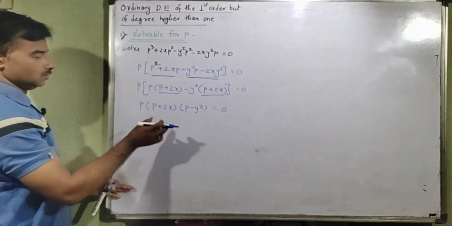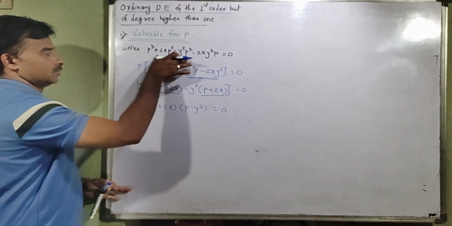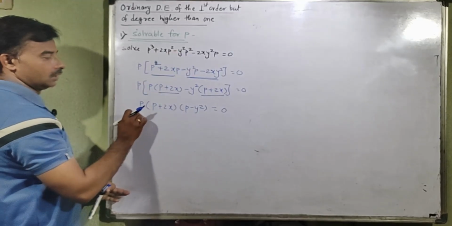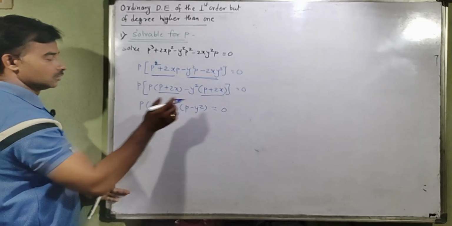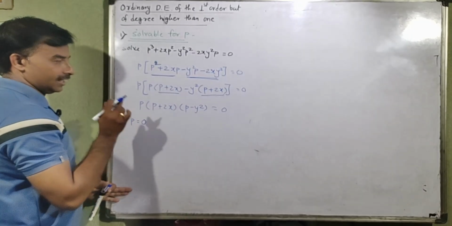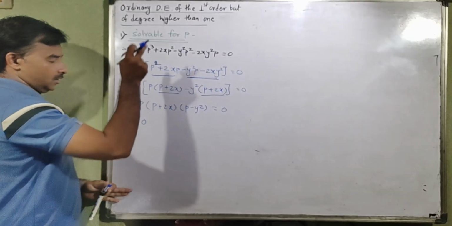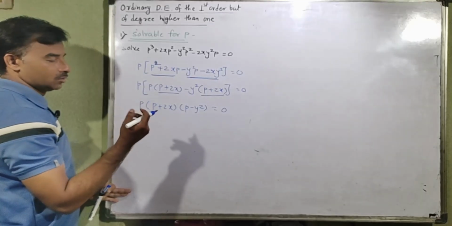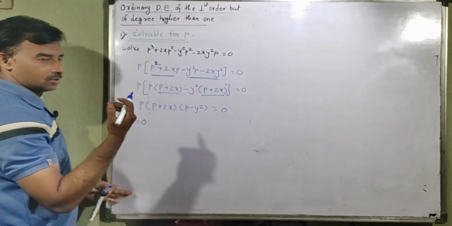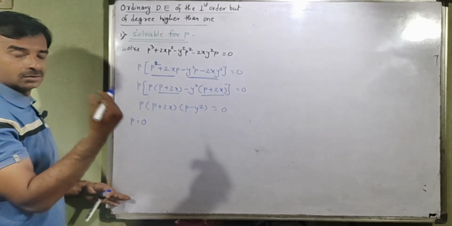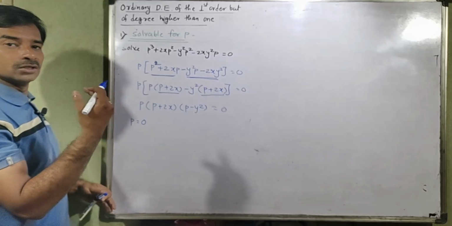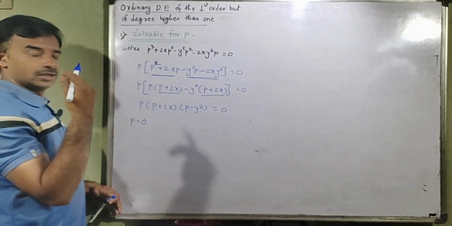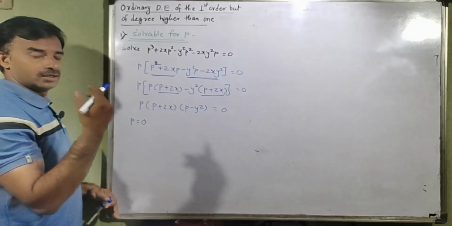Then according to the rule, these are the linear factors of that first order higher degree differential equation. Then equate each linear factor to 0. You will get a first order first degree differential equation, which is solvable by using variable separable, homogeneous differential equation, non-homogeneous differential equation, linear differential equation or Leibniz differential equation, Bernoulli differential equation, Riccati differential equation, and exact differential equation.